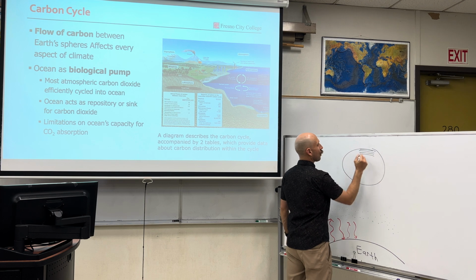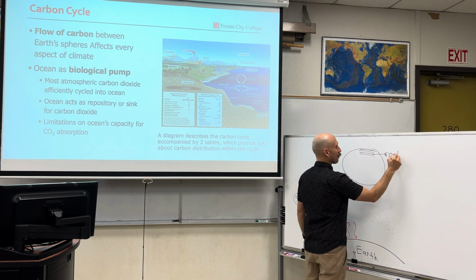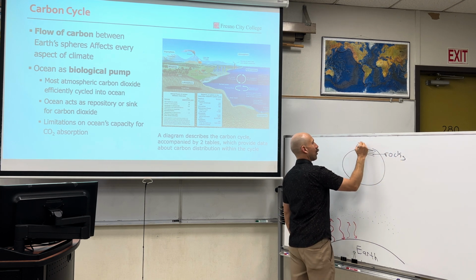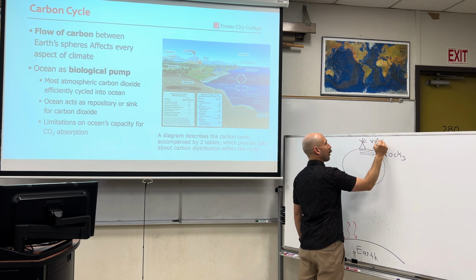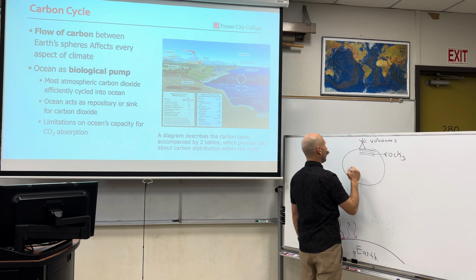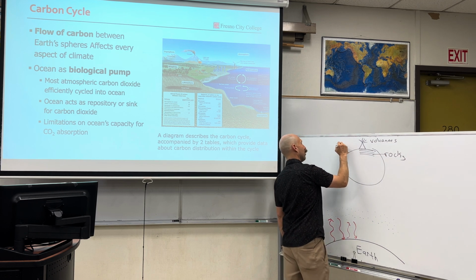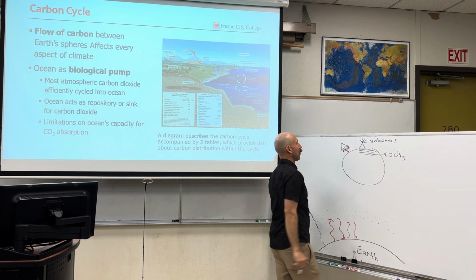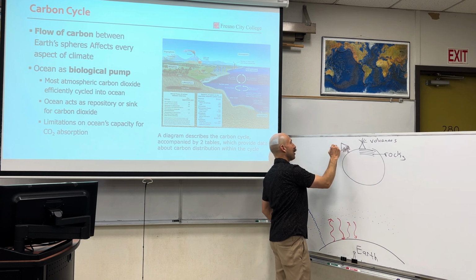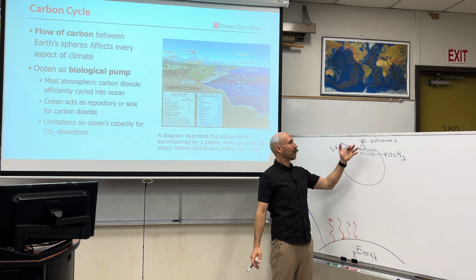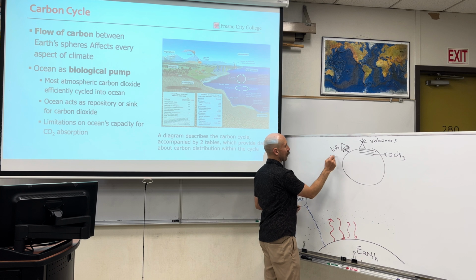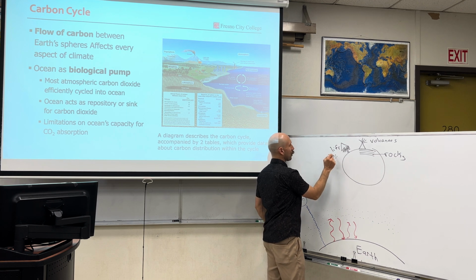There's carbon in the rocks. Carbon is emitted through volcanoes. Carbon is stored in life. So you can see carbon making its way through. Oh, and then it's also out here in the atmosphere in the form of CH4 and CO2.